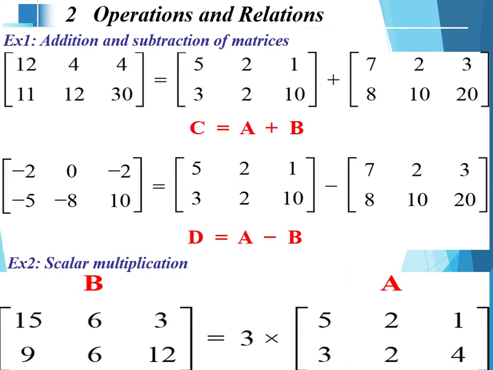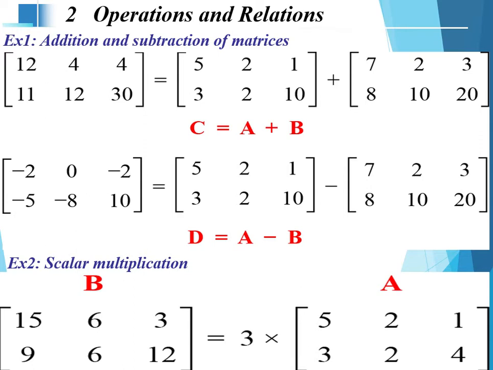For example, A equals B if a_ij equals b_ij for all i and j, which is called the equality.